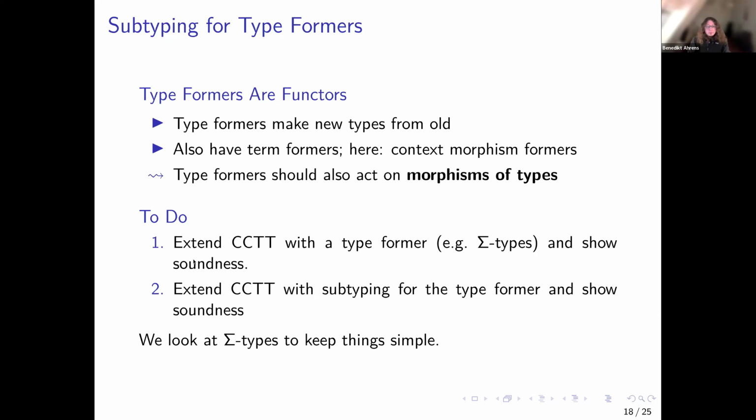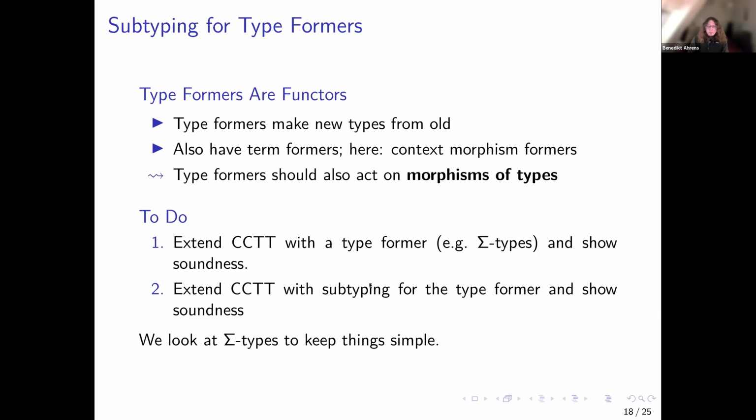So what we want to do specifically is extend, say, CCTT with a typeformer like sigma types, and we want to do this both in the syntax but also in the semantics, meaning that we want to also identify structure on a comprehension category that is suitable for interpreting the rules for sigma types.